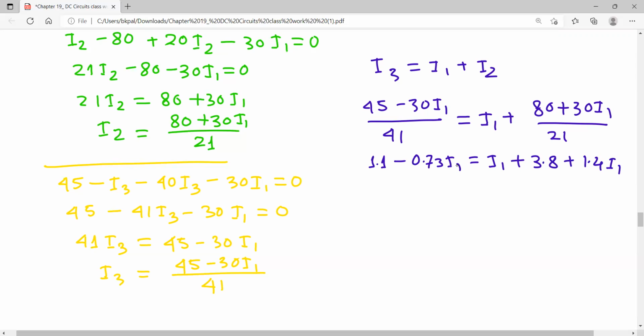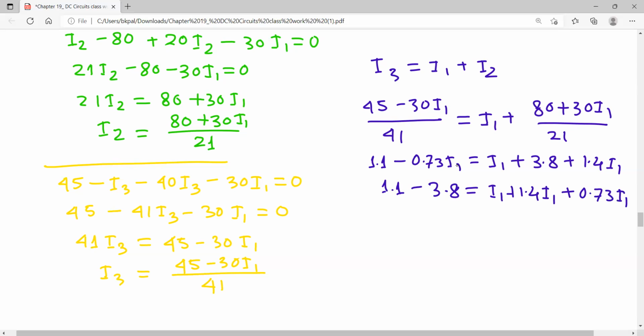So if I solve it for I1, I will get something like this. Here I have 1.1. If I bring it to this side, that will be 3.8. So 1.4 I1 and then 0.73 I1.